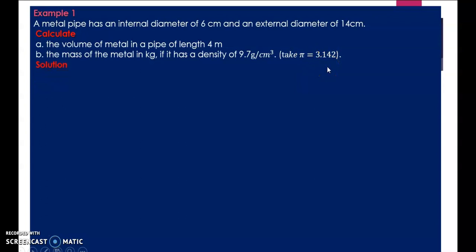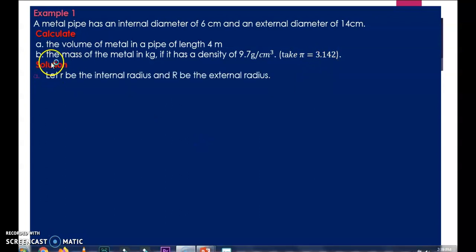Now the solution. In finding the volume of metal in a pipe of length 4 meters, we need to define our small r to be the internal radius and our big R to be the external radius.